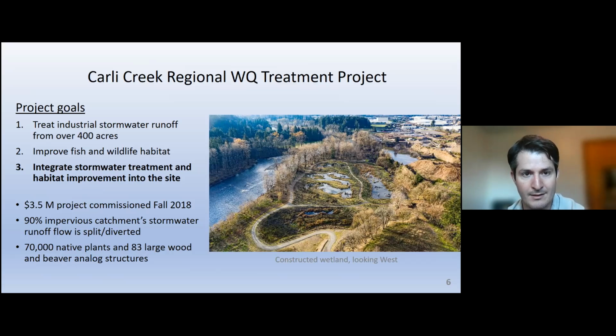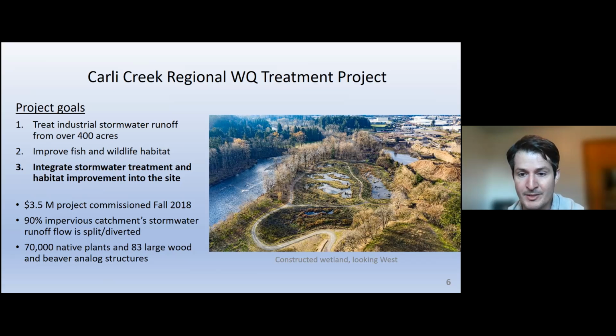It wasn't quite clear at the time, but a couple of years after the purchase went through, planning began, and the water quality project with these 3 goals were kind of fleshed out. As planning was going on, it took, I think, let's say 2 or 3 years to do the building. And in the fall of 2018, the $3.5 million project was finished and received its first drops of stormwater from the 400-acre catchment upstream.